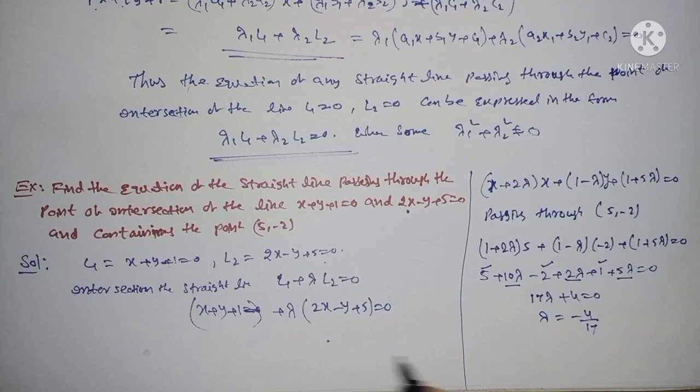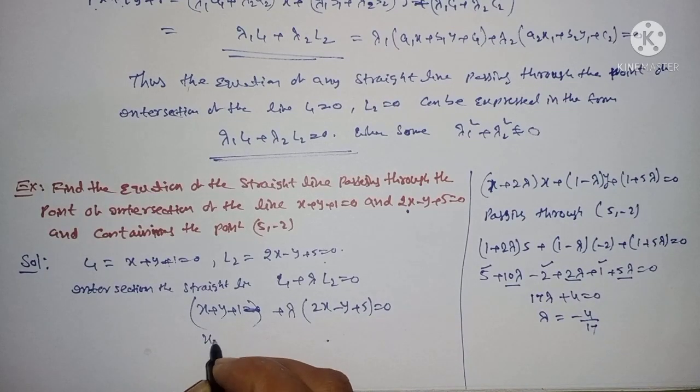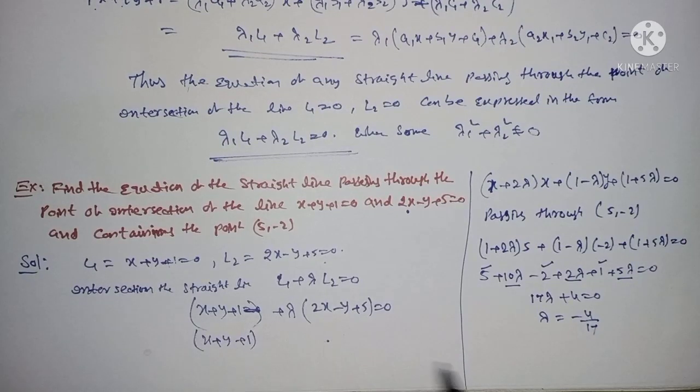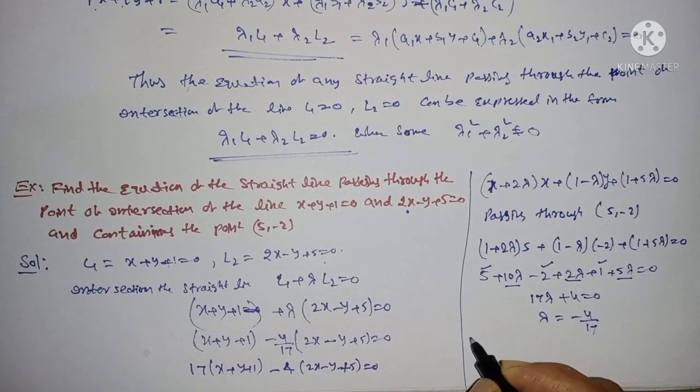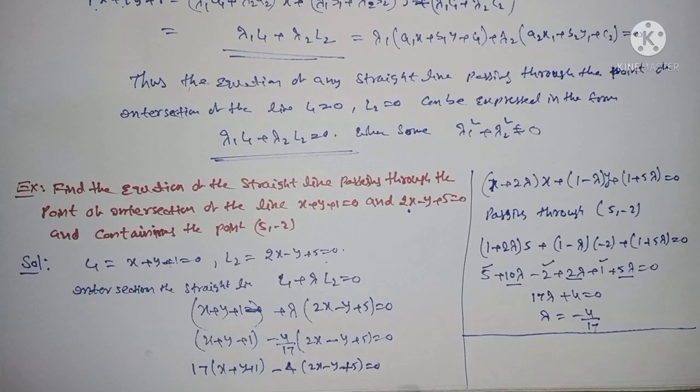You can substitute here, you get the answer here. X plus y plus 1, what is the lambda? Minus 4 by 17 of 2x minus y plus 5 is equal to 0. Therefore, your required equation you can write here 17 of x plus y plus 1 minus 4 into 2x minus y plus 5 is equal to 0. You can simplify, you get the answer. I am writing here 17x minus 8x, how much it is? 9x.